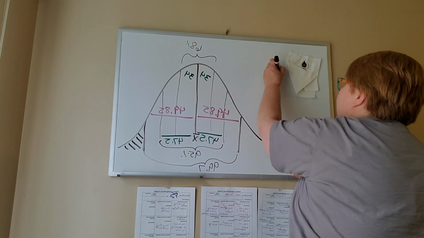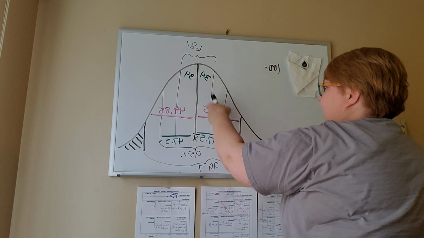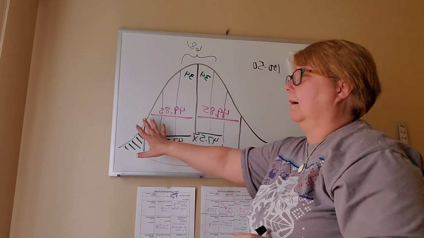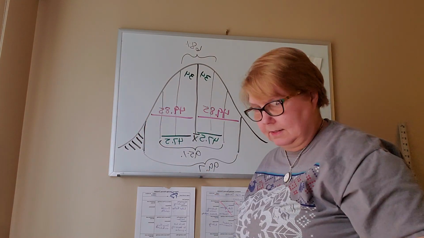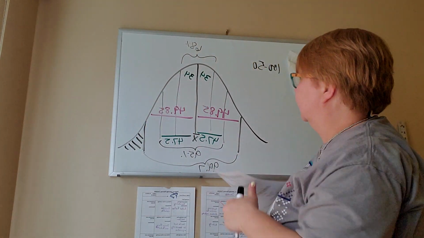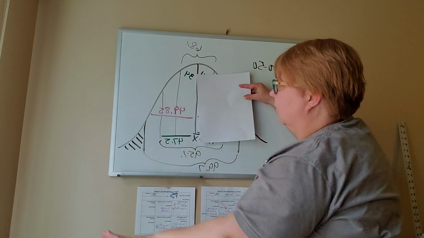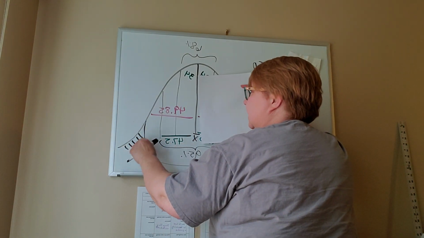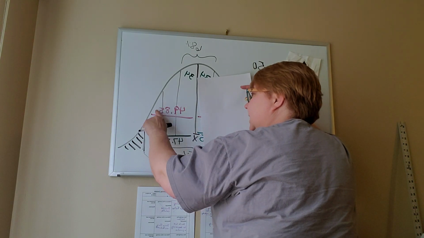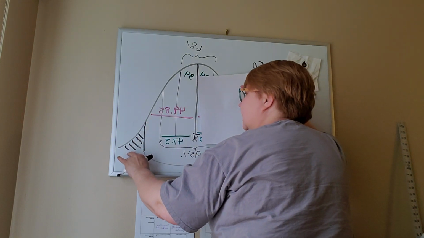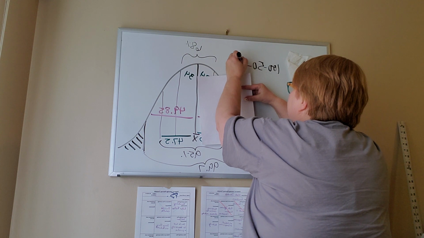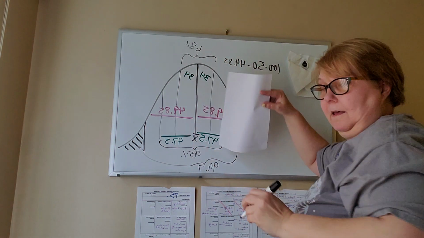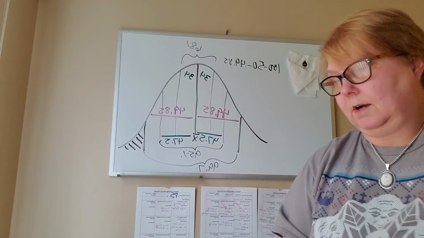So I take 100% of the curve and subtract off this half of the curve, which leaves 50%. Then to find what's there, I subtract off the 49.85 and that gives me what's left over.